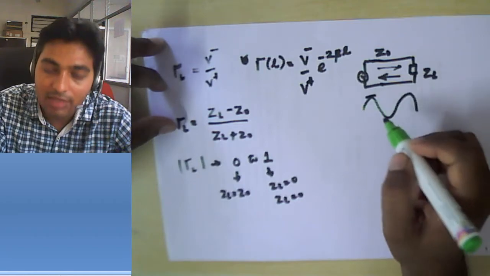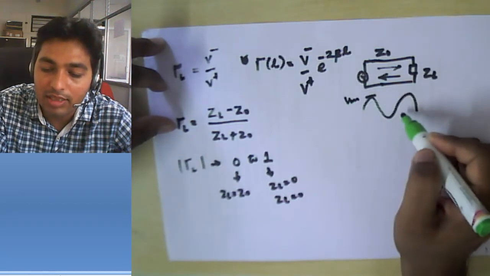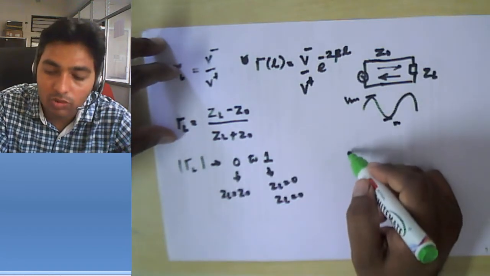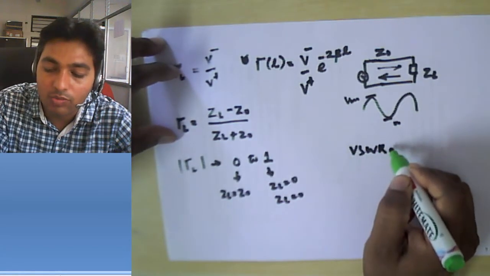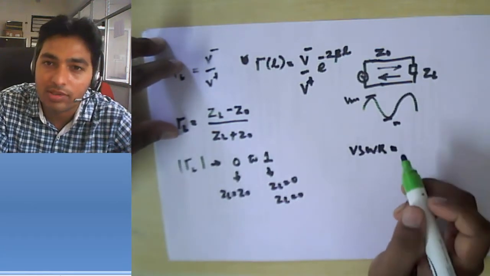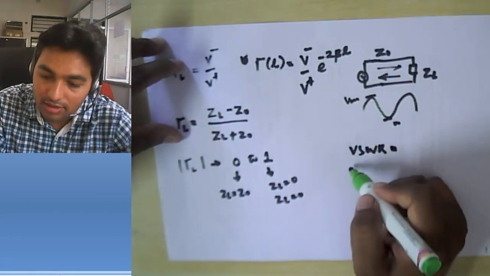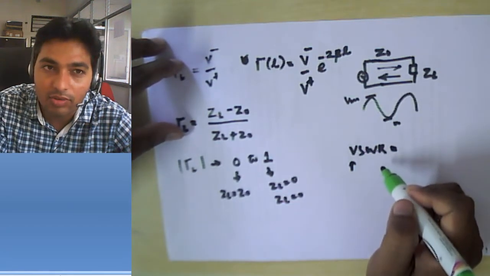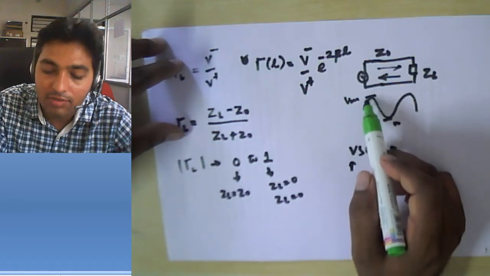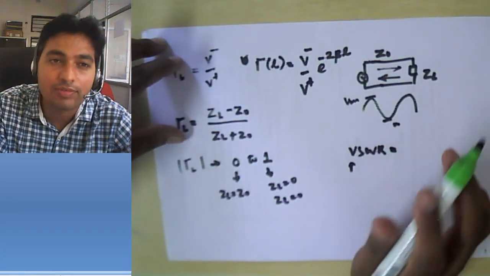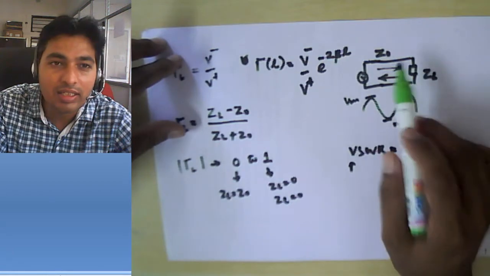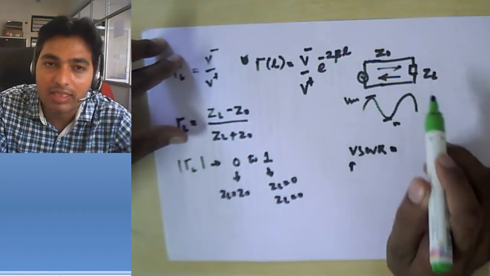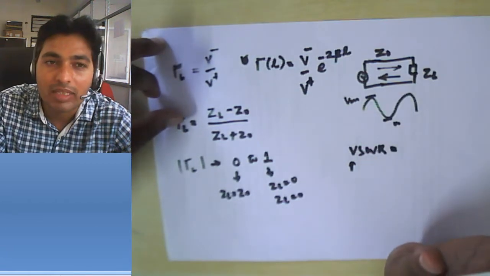Because of the standing wave pattern, it will have some maximum voltage and some minimum voltage. We defined one more parameter called VSWR, the voltage standing wave ratio. Whenever there is a mismatch in impedance, it will form a standing wave with some maxima and minima.